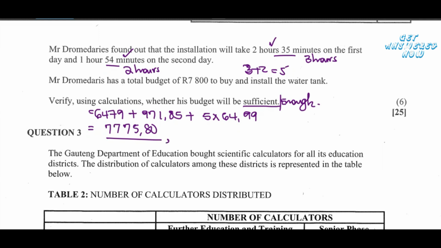Don't forget to conclude it. We shall say it will be sufficient. Why am I concluding? They told us to verify whether his budget will be sufficient. Indeed, it's sufficient. Look at question number 3.